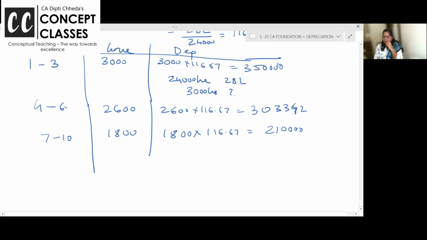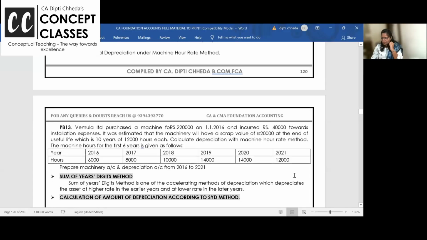All clear to all of you? This is how you will work the machine hour, the production unit, and the depletion method. Easy or not? Put some message that you are all following. SLM and WDV are typical, but this you have to do.